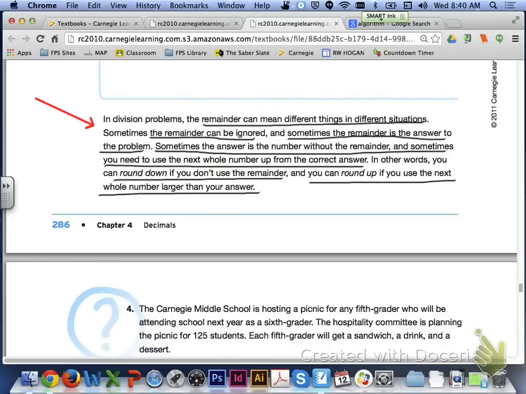In other words, you can round down if you don't use the remainder, and you can round up if you use the next whole number larger than your answer. So we're going to go ahead and work on a couple of problems to make sure that we understand this rule as far as using remainders with division problems.